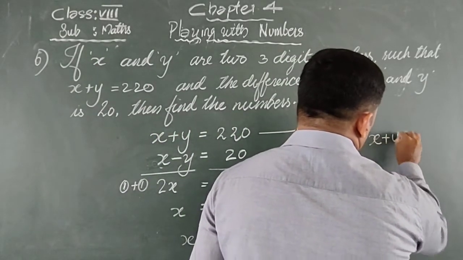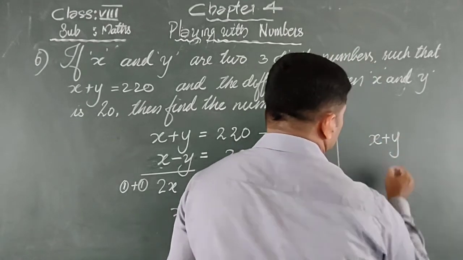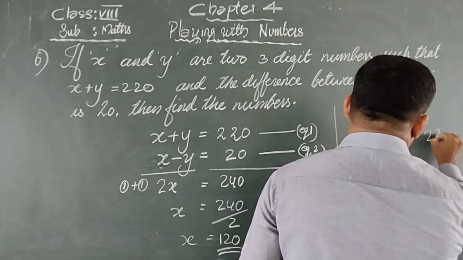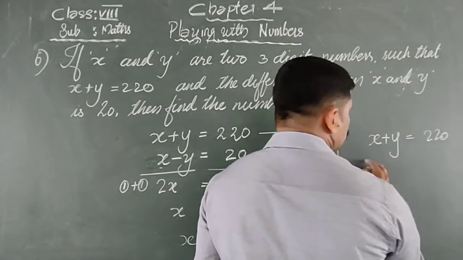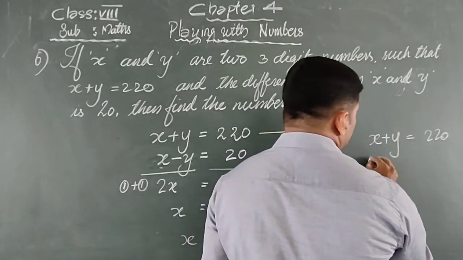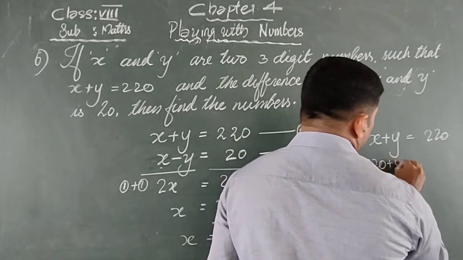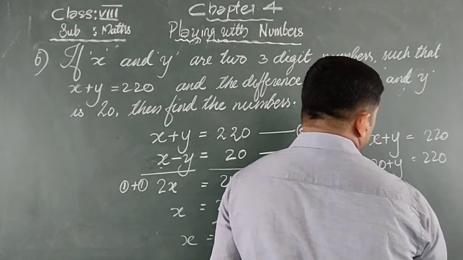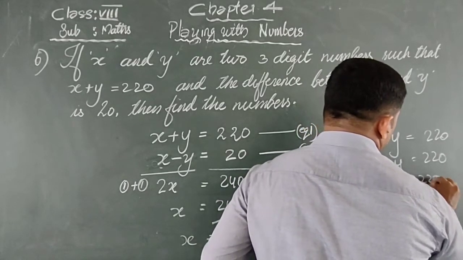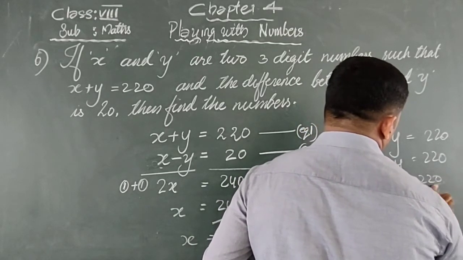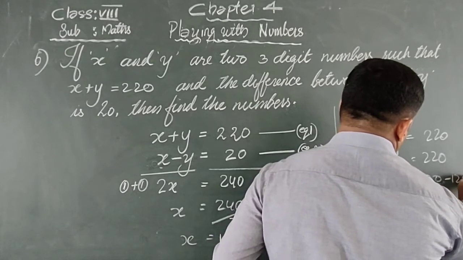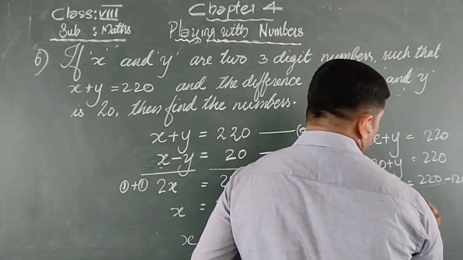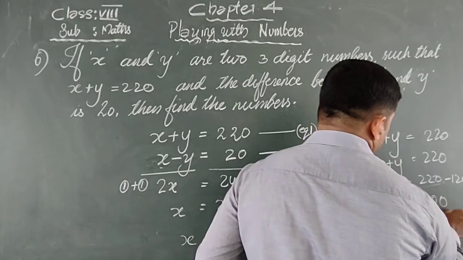X plus Y is equal to 220, and the X value we already have, that means 120 plus Y is equal to 220. Therefore Y is equal to 220 minus 120. Here the addition goes to subtraction, that is equal to 100.